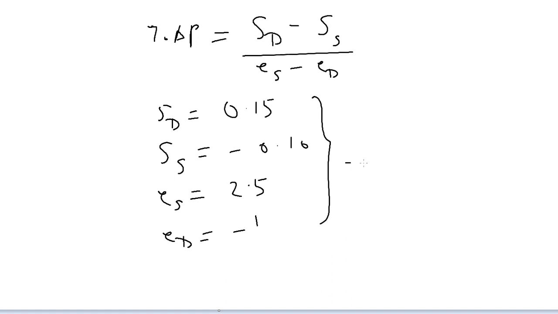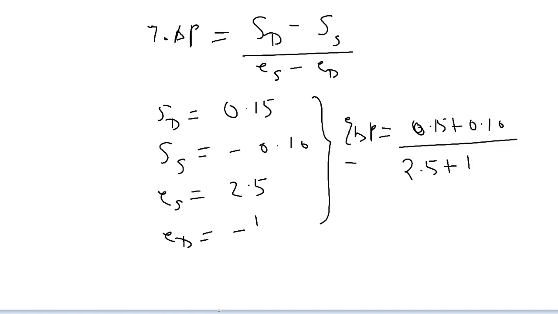All you then have to do is go ahead and simply plug in this formula. So your percentage change in price is simply going to be 0.15 plus 0.10 over 2.5 plus 1, okay?